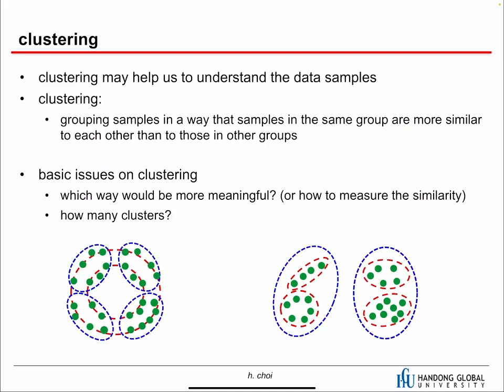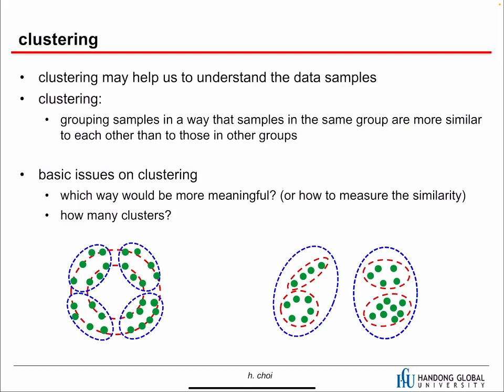But if you don't travel that much, then probably you have just one category for traveling, and so on. So in one group or one cluster, all the items should be similar to each other in a sense, and there is a difference between the items in different groups or clusters.